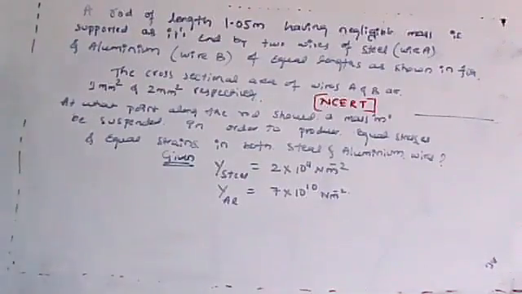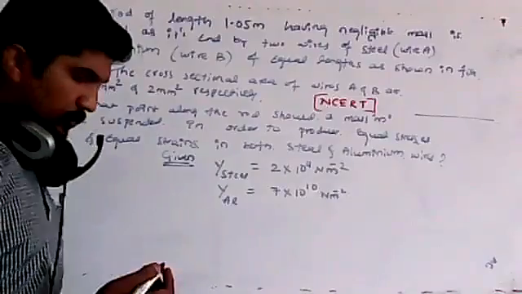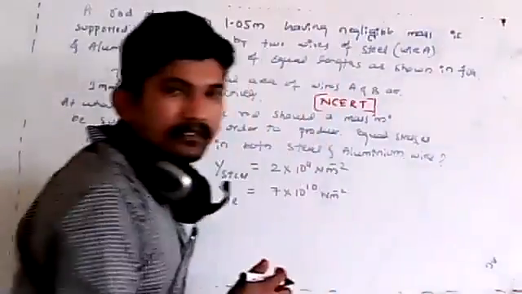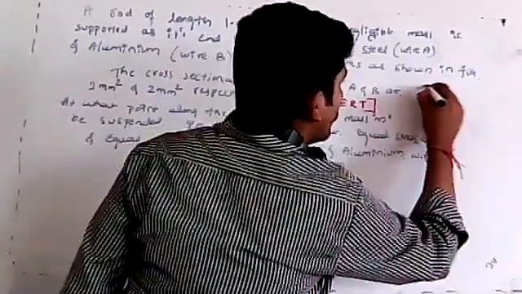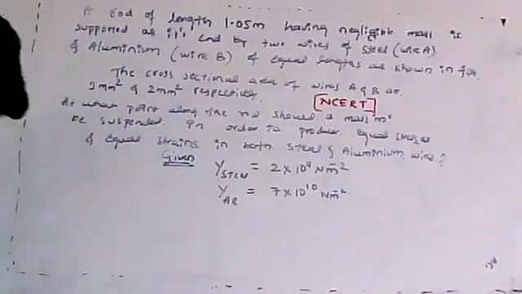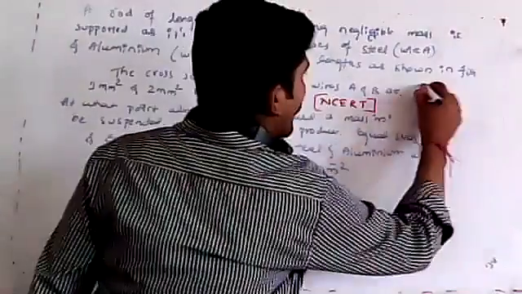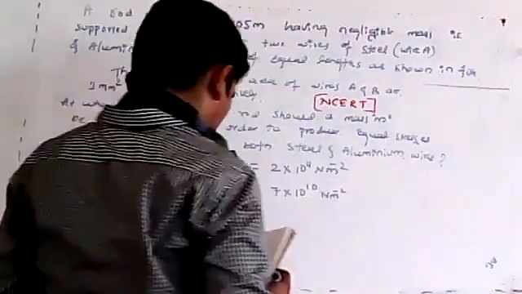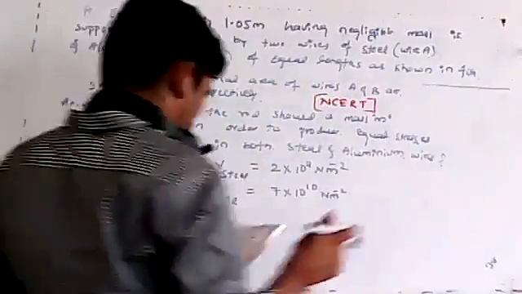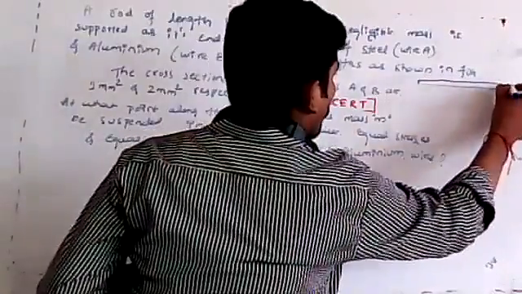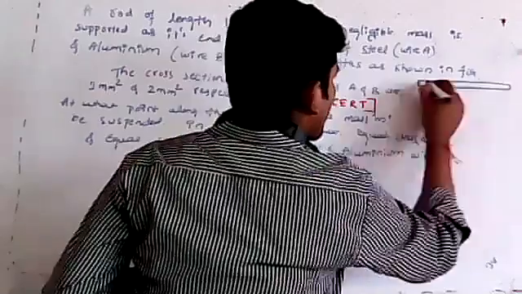Just to simplify carefully, let me draw that diagram. Diagram is like this. You can see this, right? A diagram is somewhat like this. This is the rigid support.